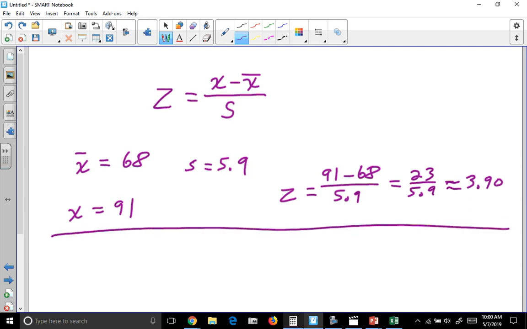Now let's use this same formula for a person that made a 57 on the test. So if a person made a 57, but the average is 68 with a standard deviation of 5.9, let's see how many standard deviations from the mean that person is.